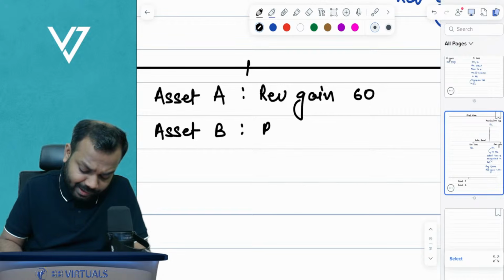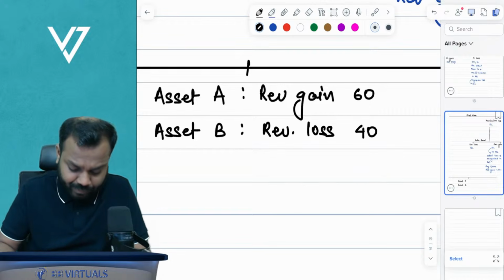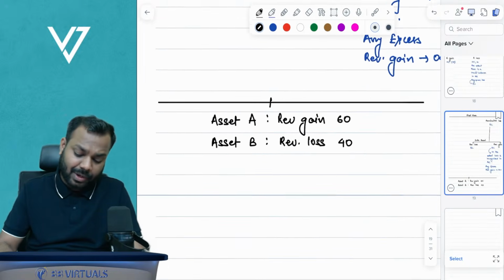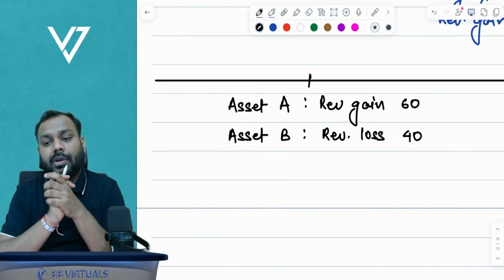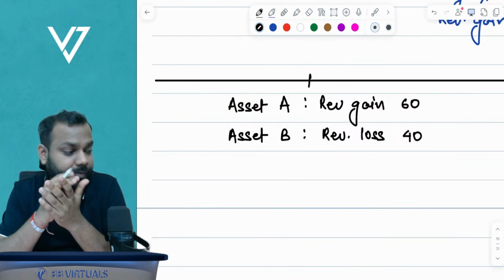Asset B gets a revaluation loss of 40. What will be the treatment? Can you please answer this question?